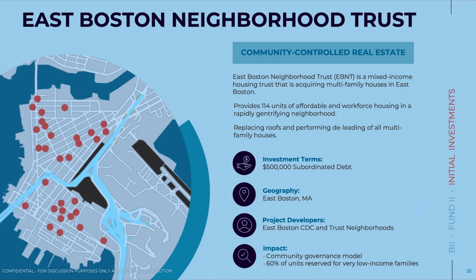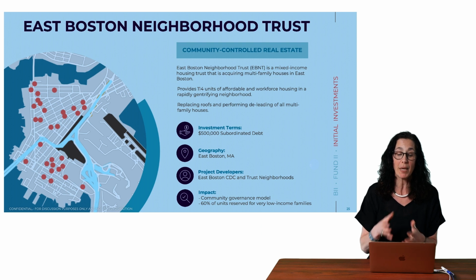Boston Impact Initiative participated in $500,000 of subordinated debt, but really helped catalyze the capital stack, bringing all of the different stakeholders together. It's a wonderful story about many stakeholders investing together to accomplish this urgent task of getting 114 units of housing off the speculative market in East Boston.